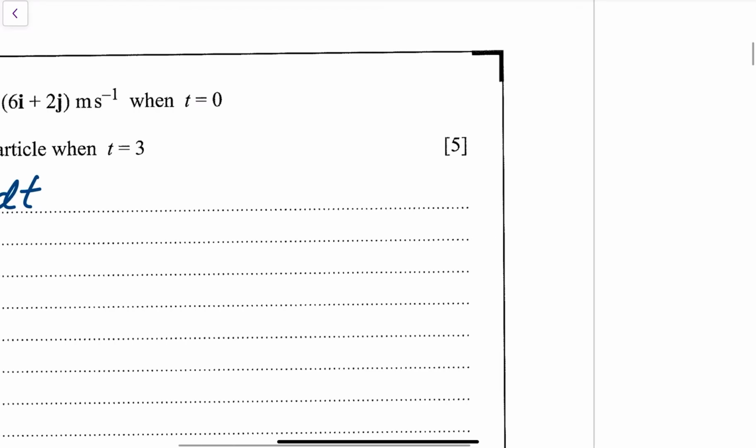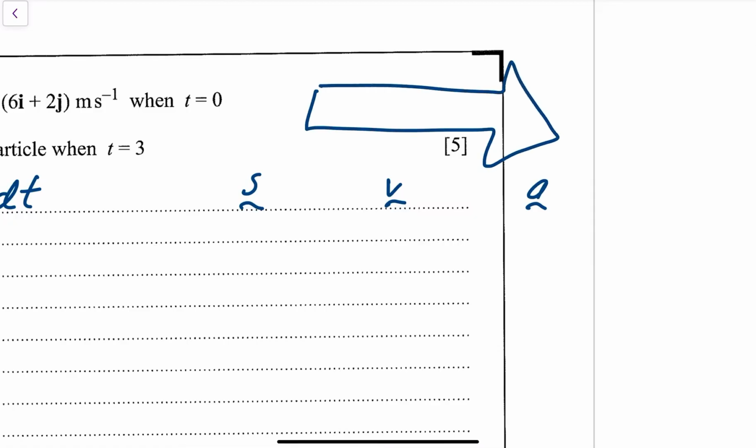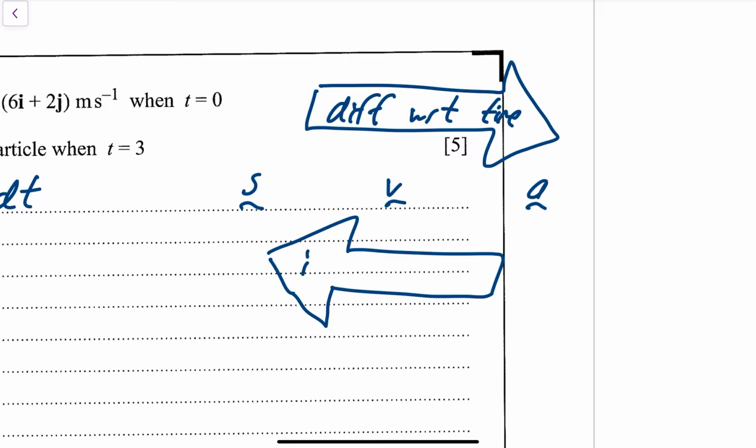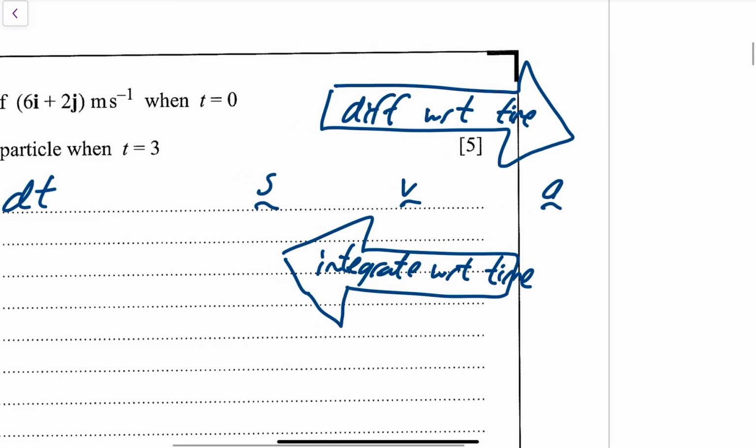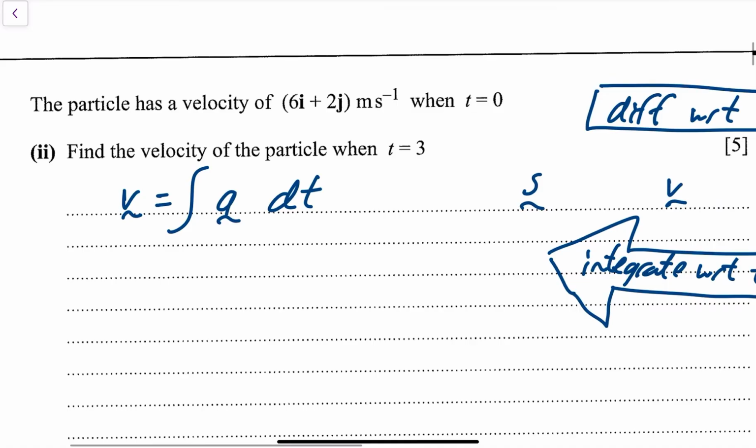So the big thing here is you have displacement, velocity, acceleration. To go this way, you differentiate with respect to time, and to go this way you integrate with respect to time. Okay, so we want to go from acceleration to velocity, so we're integrating.